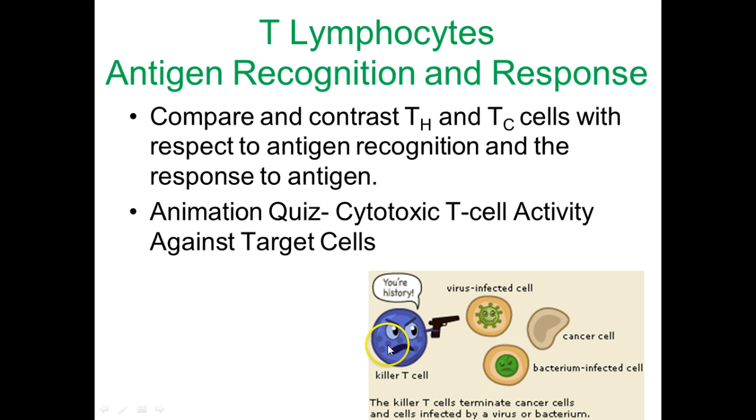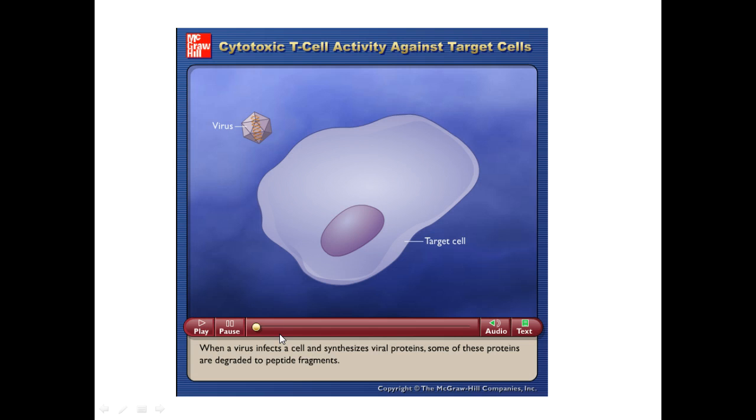So here's a killer T cell, or a cytotoxic T cell. So literally, what is he going to do to these cells that are infected? A virus-infected cell, a bacterial-infected, a cancer cell. He's going to send that signal to kill that cell. He's not quite going to do it like that, but it brings across the point.